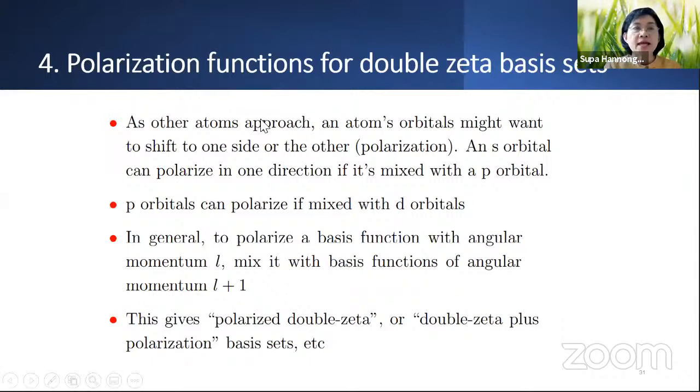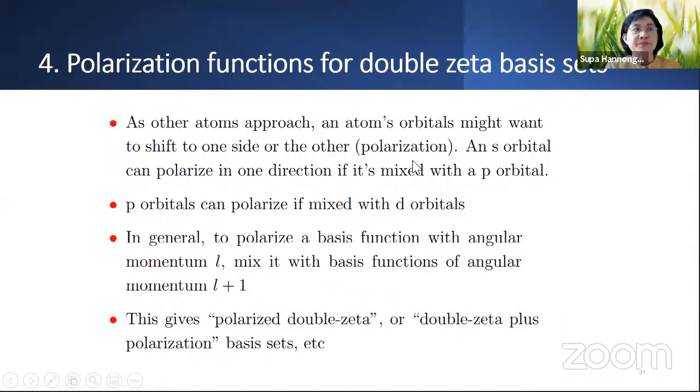Now come to the next, quite interesting: the basis set type 4, we call it polarization functions for double zeta basis sets. Still use the double zeta basis set. In this case, atomic orbitals might want to shift to one side, or polarization.